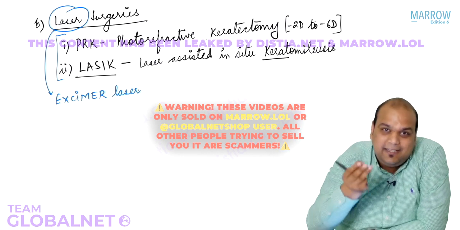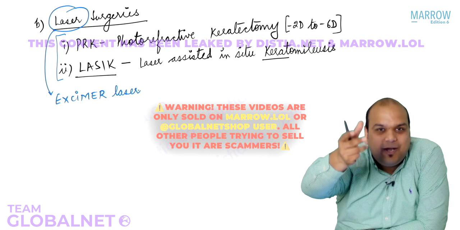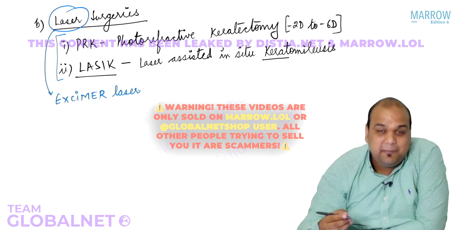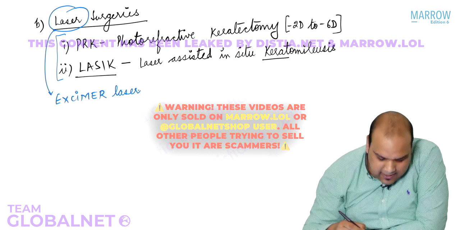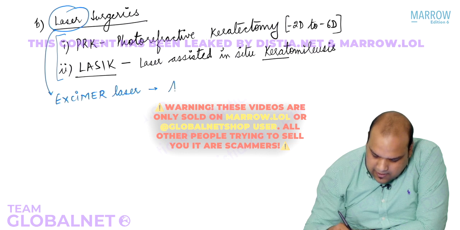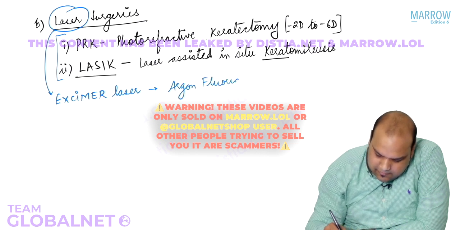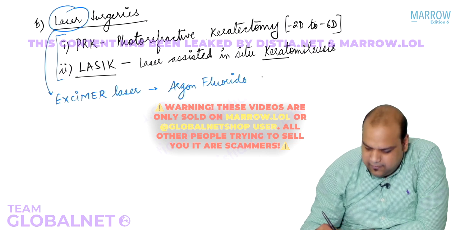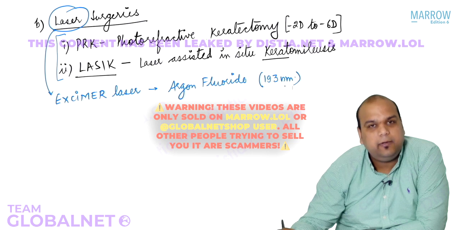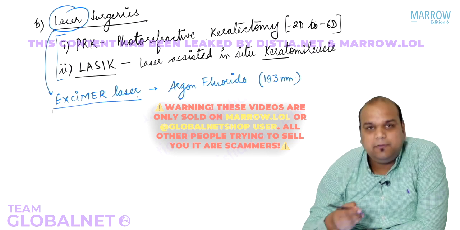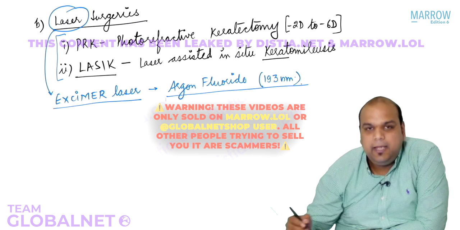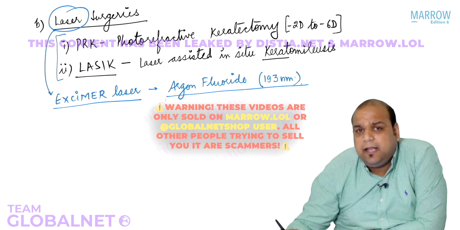So you are exciting the lower orbit molecule, jumping it into the higher orbit. Excited dimer made up of two molecules. Okay? So what we use is argon fluoride, ArF, with a wavelength of 193 nanometers. Okay, so excimer laser is the name of the laser. The compounds used are argon and fluoride, and the wavelength is 193 nanometers.